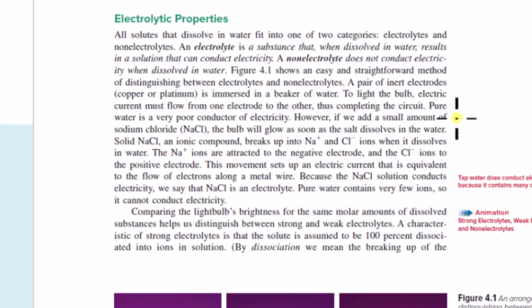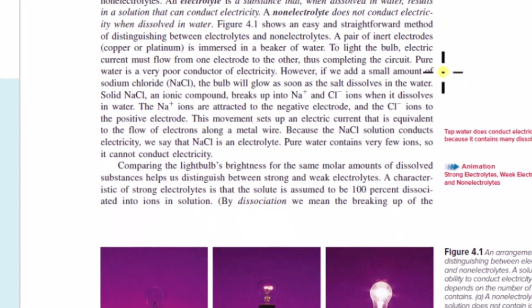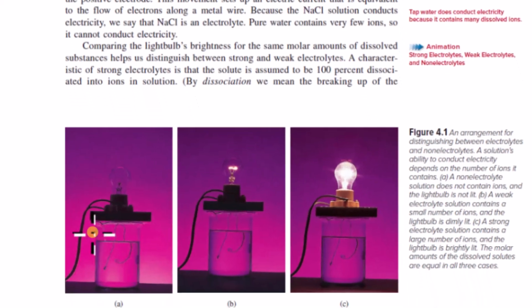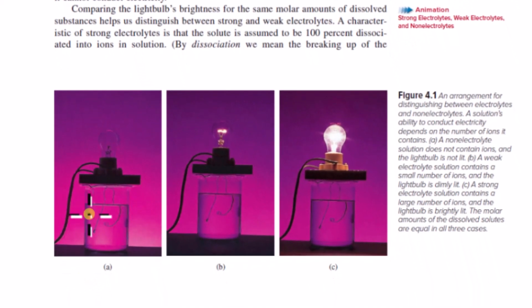So, okay, what makes a substance an electrolyte? We just saw the definition: when it dissolves in water, the water can conduct electricity. Here they have this pair of inert electrodes, copper and platinum, dipped into the water, separated, and there's an electric potential across them because it's connected to a battery, right?